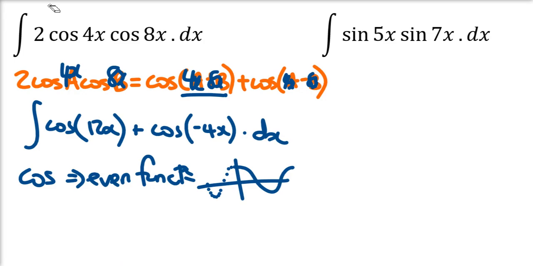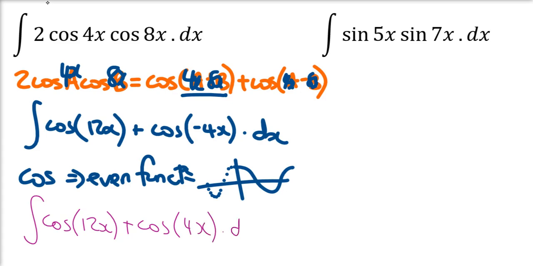Yeah. So therefore you can just say that's the integral of cos 12x plus cos 4x. Okay? Does that make sense? So why don't you just use normal 4x? Why don't we? Because using positive numbers is much easier.